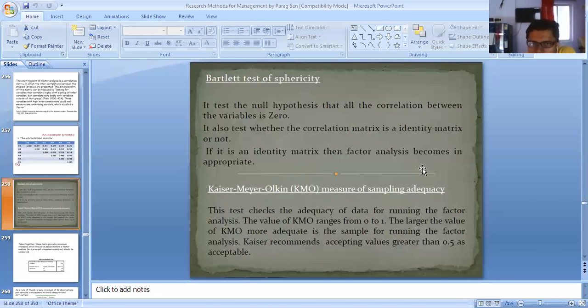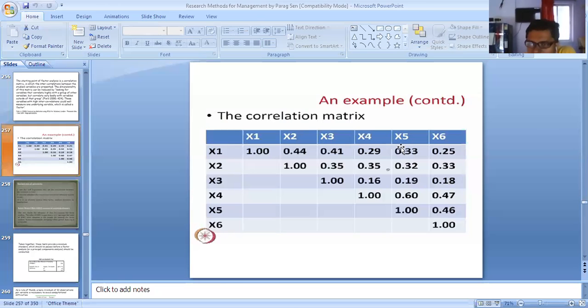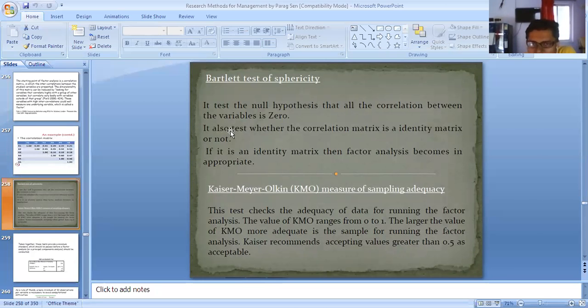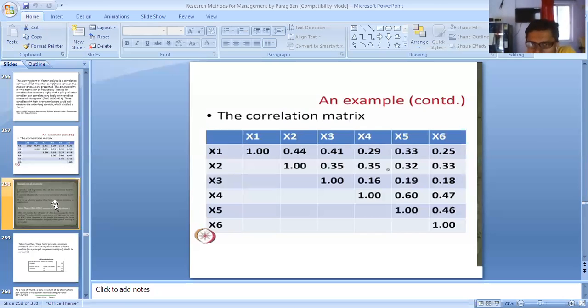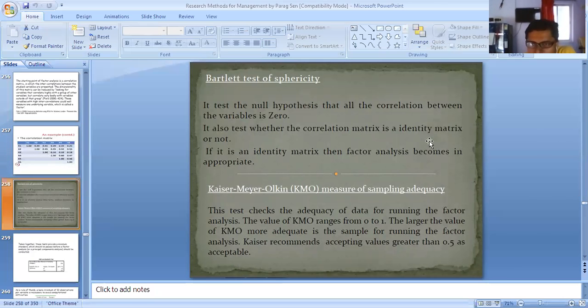So Bartlett's test of sphericity is a measure of whether your variables are sufficiently correlated or not.